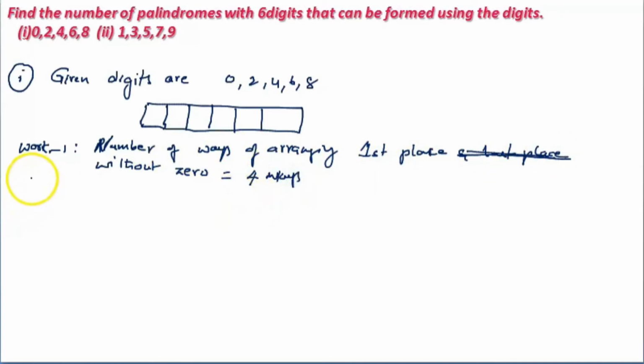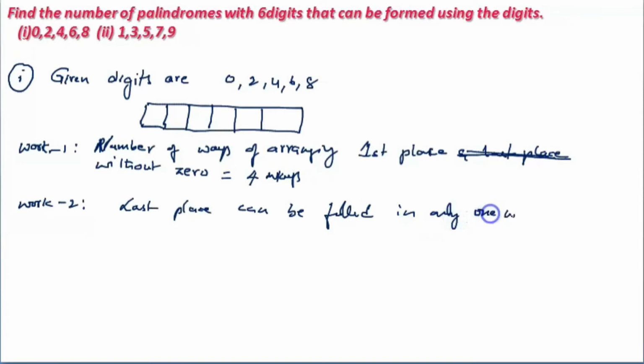Right. And next, note the palindromes. Work two is the last place. The last place can be filled in only one way, since whatever we take in the first place is placed here. So it can be done in one way.